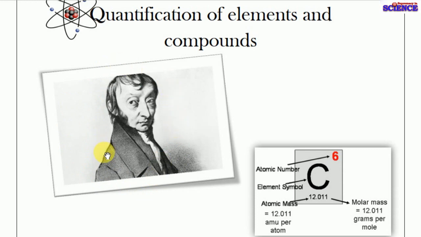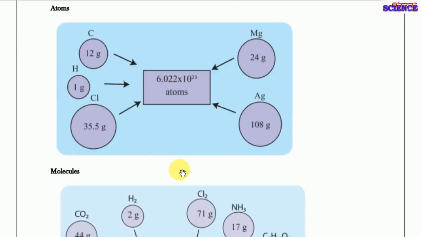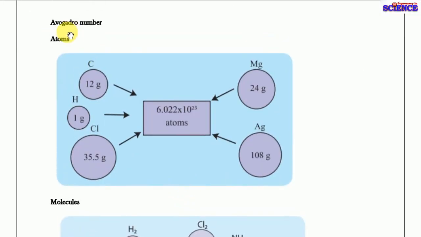The reason is he found a very essential thing for the development of chemistry, I mean the quantification of chemistry. So let's see what he found. His name was Avogadro, Amedeo Avogadro.